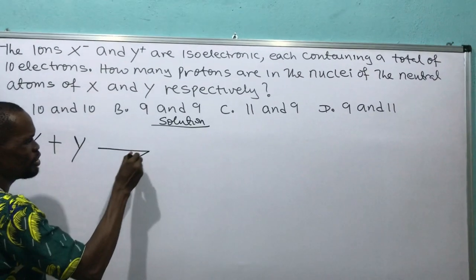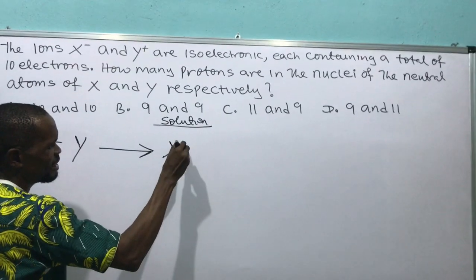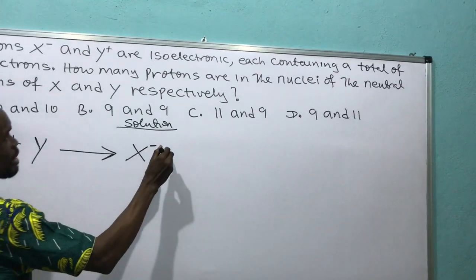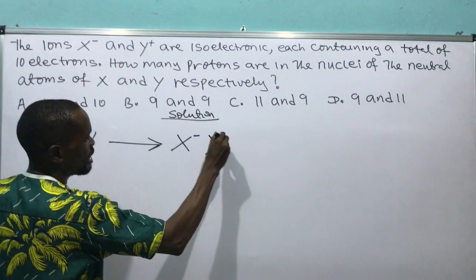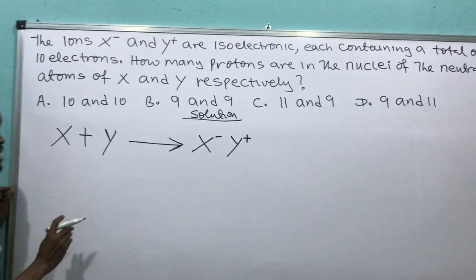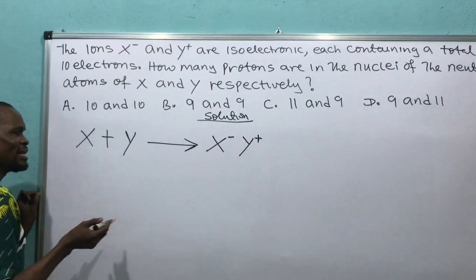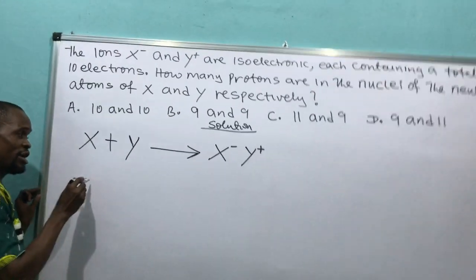Then look at the products they form: X accepting an electron, and Y losing an electron. Let us look at their electronic configuration before the reaction.